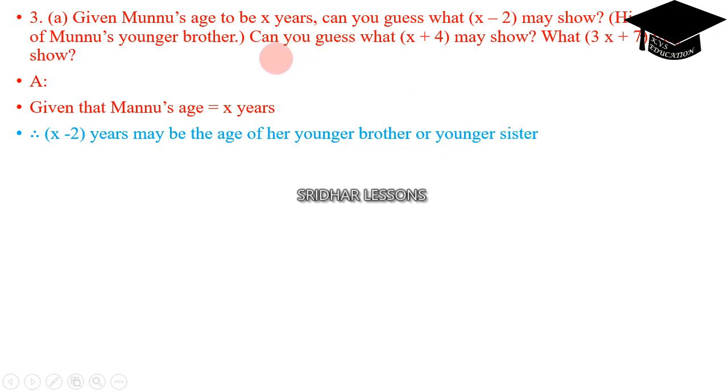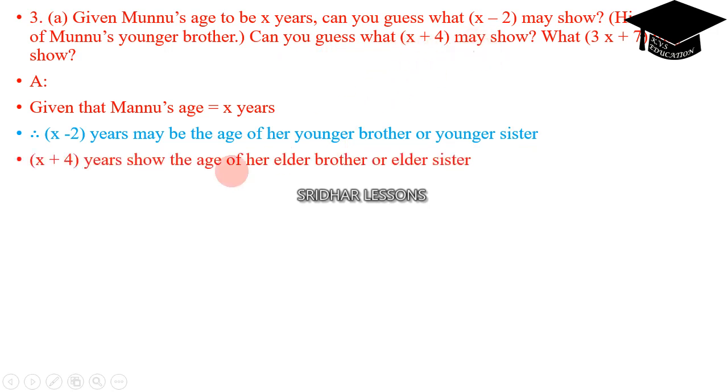Can you guess what x plus 4 may show? x plus 4 years shows the age of her elder sister or elder brother. What may 3x plus 7 show? 3x plus 7 years may be the age of her father or mother or uncle. Okay.